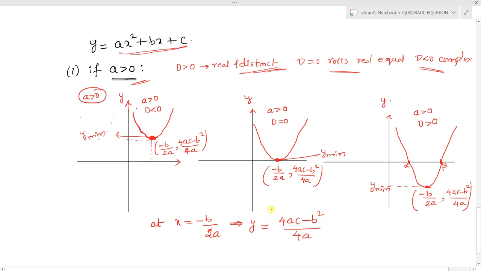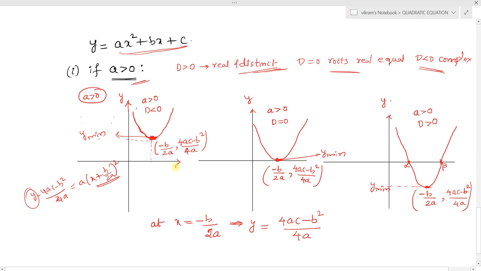Why? Because we have y minus (4ac minus b square by 4a) equals a times (x plus b by 2a) whole square, where at x equals minus b by 2a this is equal to 0, and we obtain y equals 4ac minus b square by 4a.